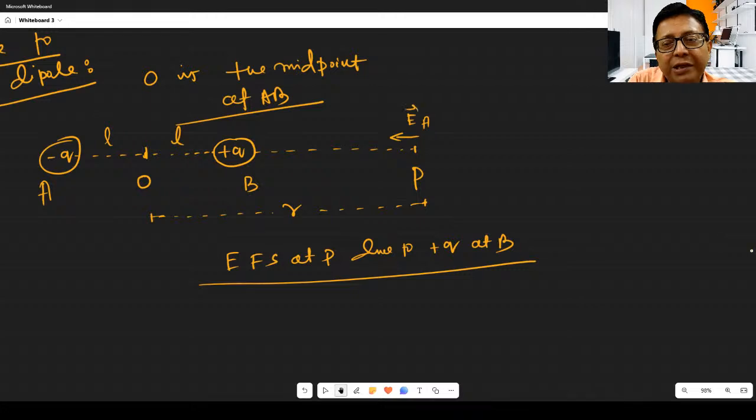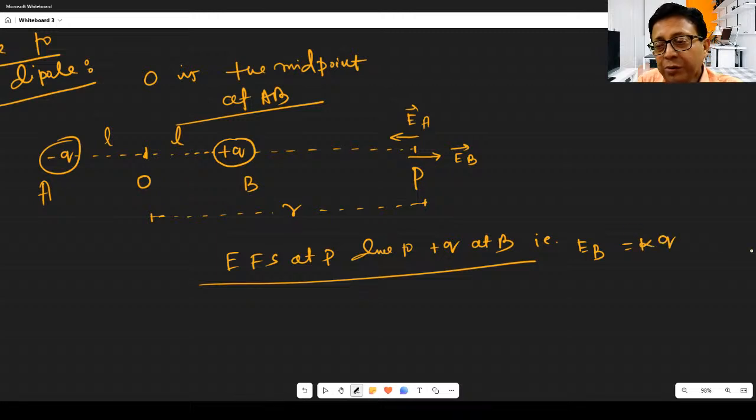EA will be directed towards left. What about EB? Directed towards right. We'll find first the EB at P due to plus Q at B.